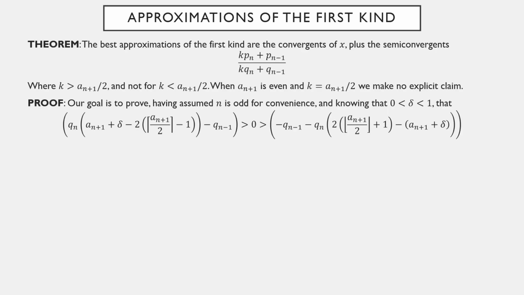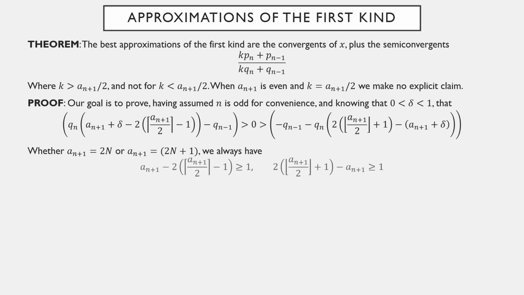Okay, so this is the chain of inequalities we want to establish. Now, whether the next partial quotient an plus 1 happens to be even or odd, you can check that both of these quantities are always bigger than or equal to 1. It's sort of why they were written this way in the chain of inequalities rather than making them look more similar by factoring out some minus signs.